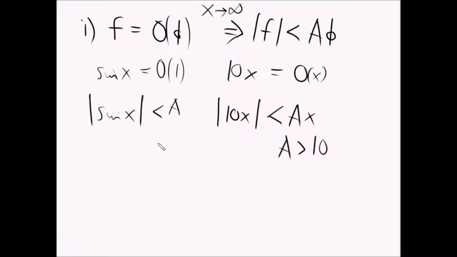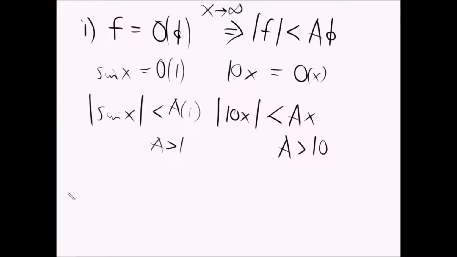I'll keep the 1 in here just so that you can see it rather than suppressing it. As long as a is greater than 1, when we multiply it by the function which is just always valued at 1, we'll have a bound. If this was 2, say, then the absolute value of sine of x will never exceed that bound, and therefore sine of x is big O of 1.